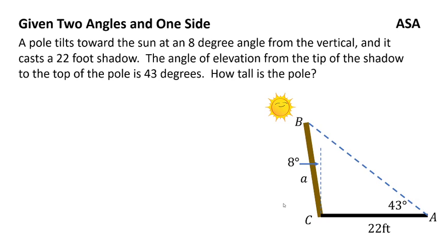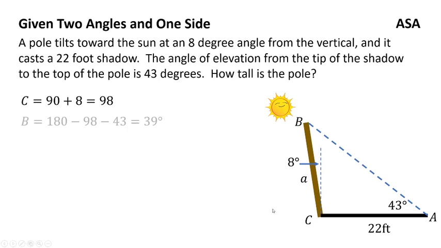All right, so let's see if we can figure this out. We've got 43 degrees, we've got this length here of 22 feet, and with just a little bit of math, we can find out that the angle here is just 98 degrees. It's a right angle plus 8 degrees more, so a total of 98 degrees.